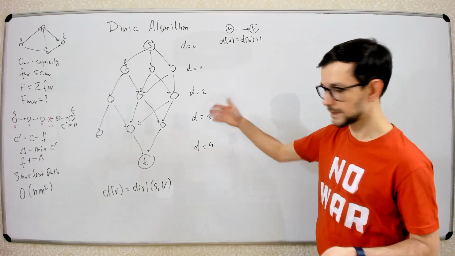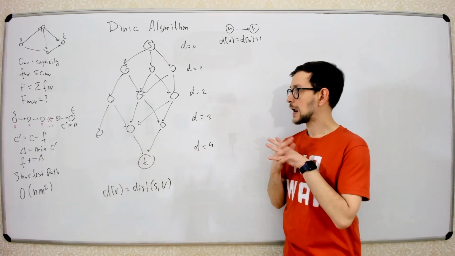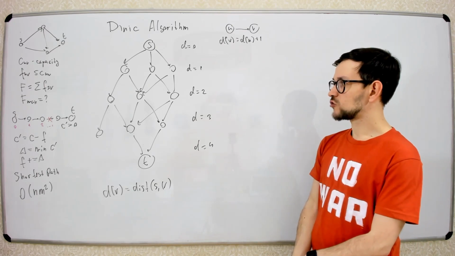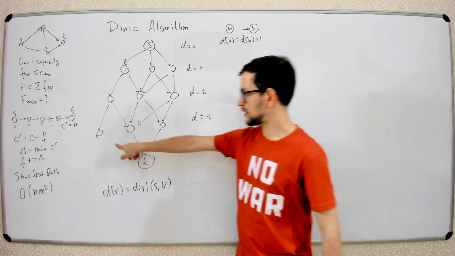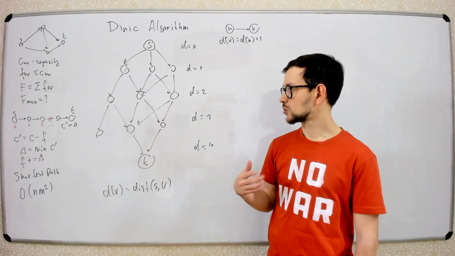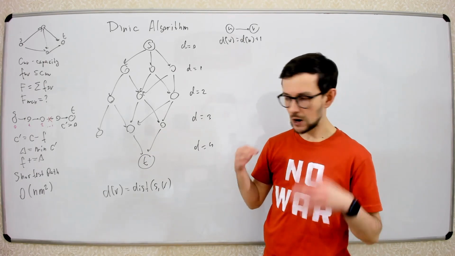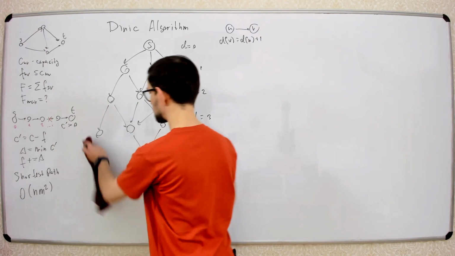We will get this layered network. Now what can we do? We can remove all the dead ends from this graph. For example, for this node there are no outgoing edges. So let's remove all the nodes which have no outgoing edges, for example this node.